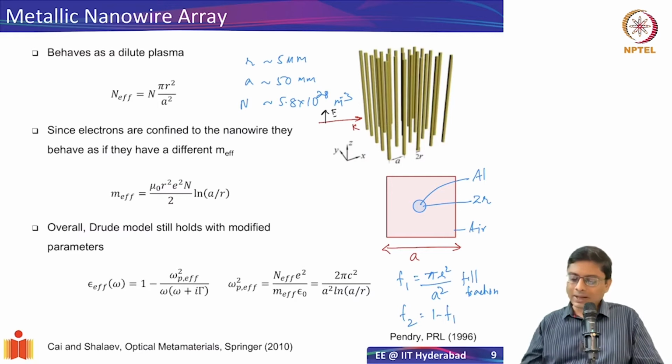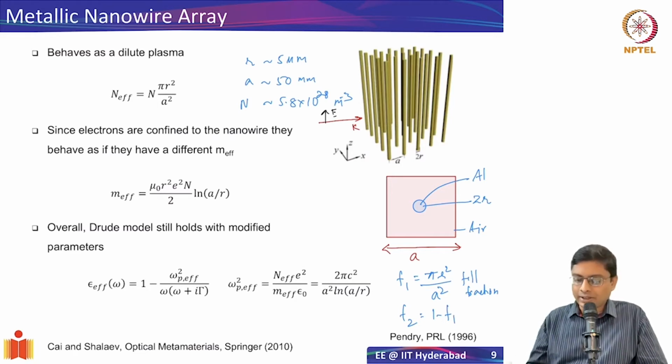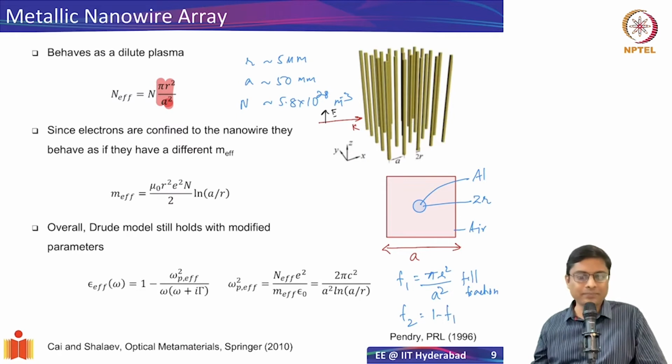Okay, so now what I'm saying is, if I take this sort of a nanowire, I can define my effective electron density in terms of the initial electron density times the fill fraction. That will give me the effective electron density. And one more aspect that we have to realize is, the electrons are not really entirely free to move about. There is a self-inductance associated with the nanowire, and that causes the electron to behave as if it has a slightly different effective mass.